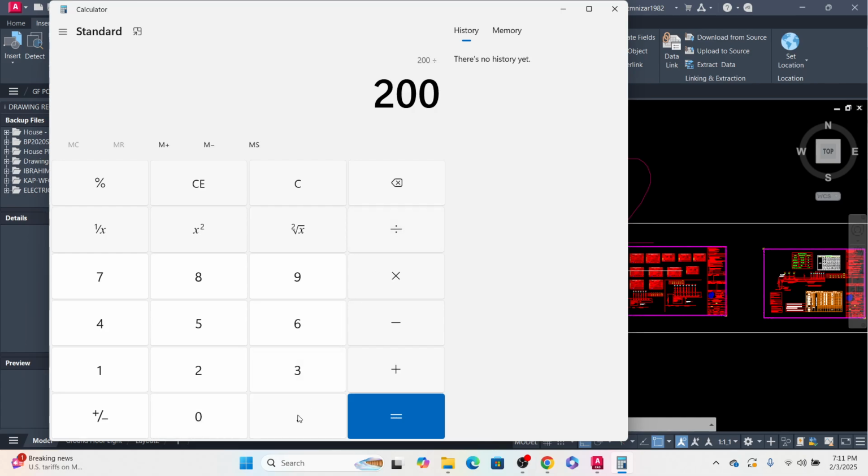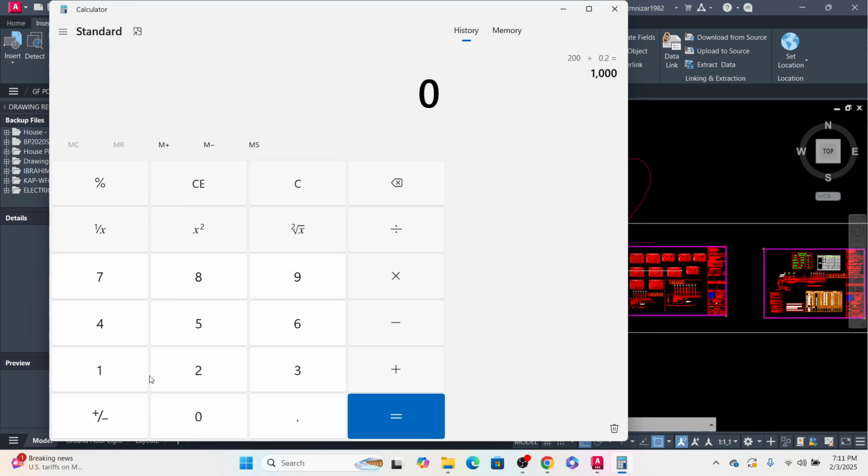We will divide by 0.2, what we got, because we know the wall dimension is 200. So we are dividing by the dimension that we got by measurement. If I divide this 200 by 0.2, it will become 1000. That means the drawing has been drawn in 1 to 1000 scale.